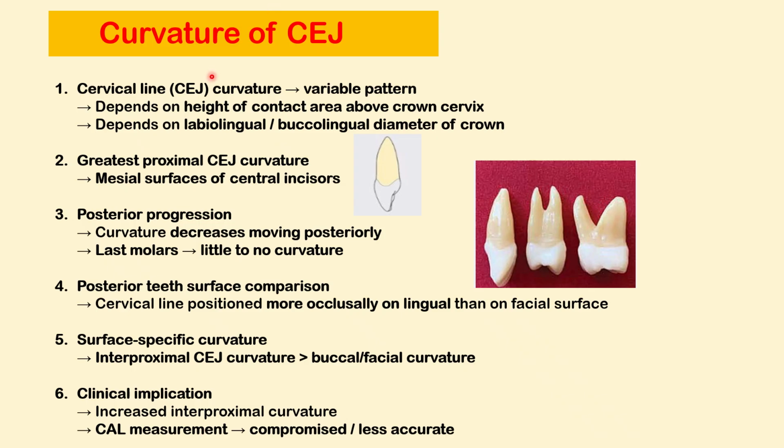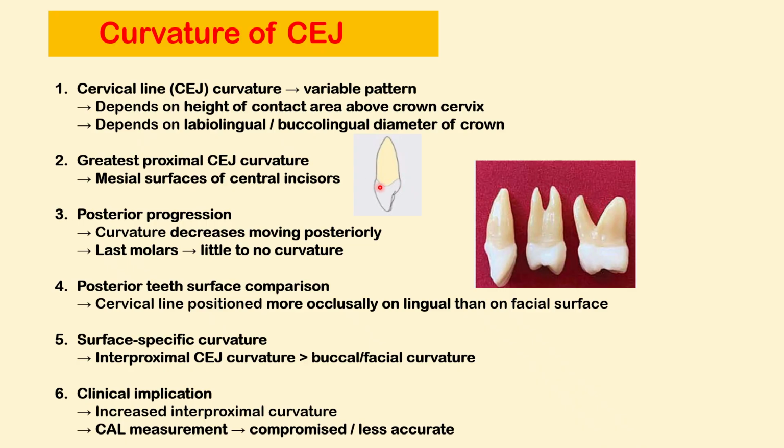So coming to the curvature of cementoenamel junction, it is usually of variable pattern. It mainly depends on the height of the contact area above the crown cervix, and it also depends on the labiolingual and the buccolingual diameter of the crown. We can find that the greatest proximal CEJ curvature is present on the mesial surface of central incisors.